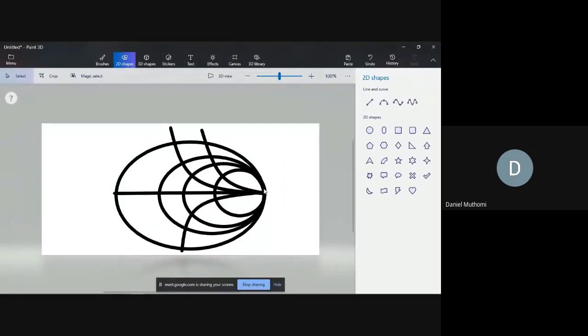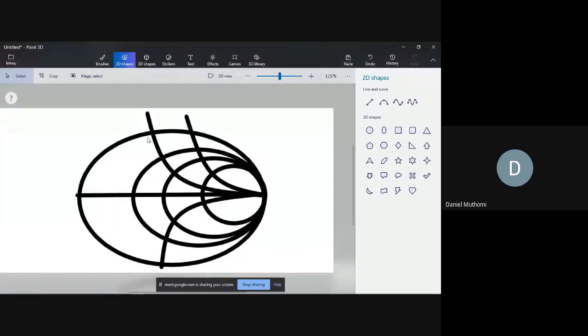So I sort of drew this to start, for people to get how a Smith chart looks like. It's basically a set of circles that have their edge at one point and a set of arcs that also originate from the same point, going sort of flattening out.